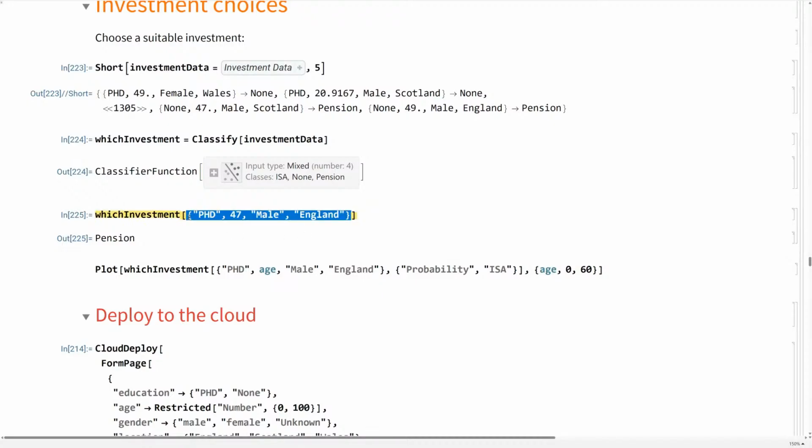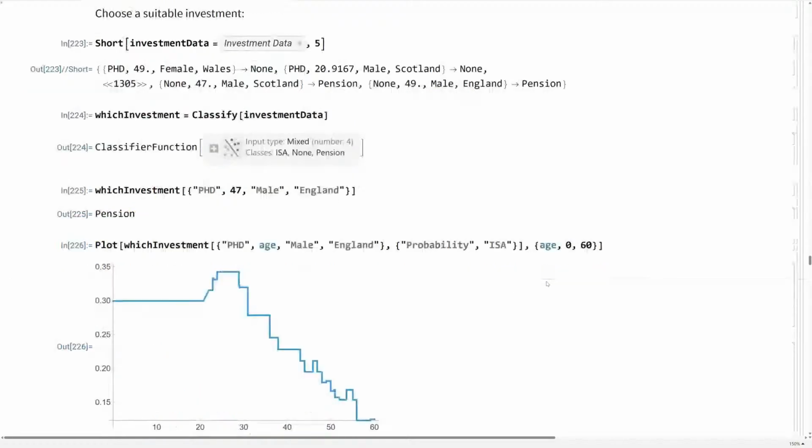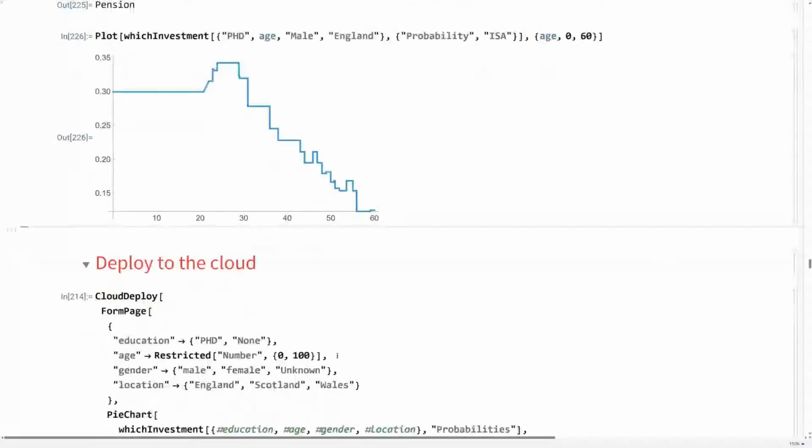Well, not me, this PhD male person should do. And we can also give a plot of, like for this PhD, it's from age 0 to 60, a male person in England, what should I do?